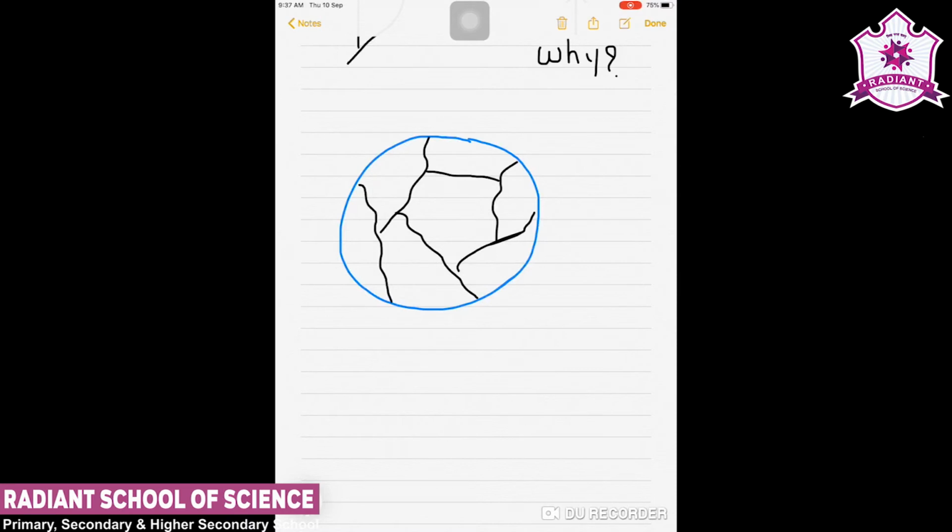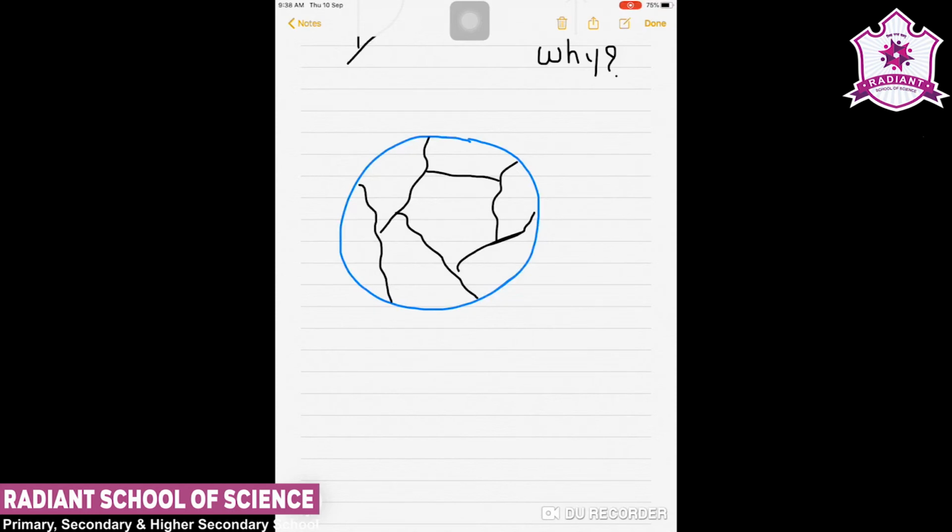Our crust is also not uniform, but has many dislocations inside it. From viewing outside, we find that the earth is uniform, but actually it is not. It has too many discontinuities and dislocations, which are called fault lines.